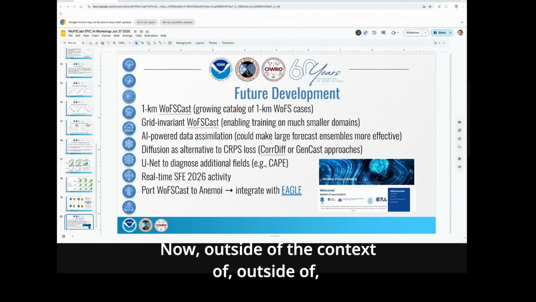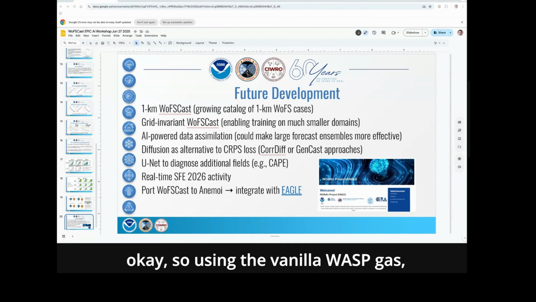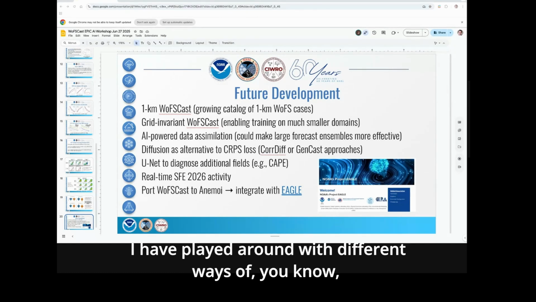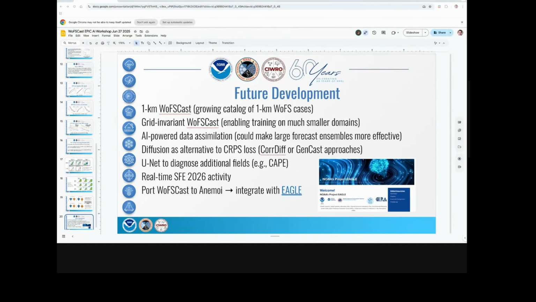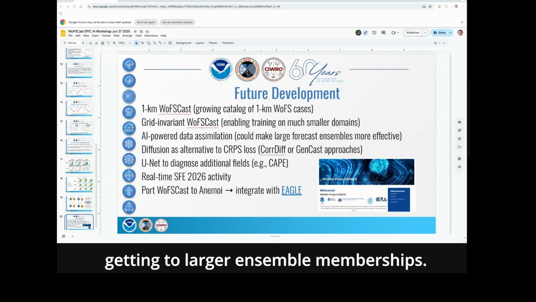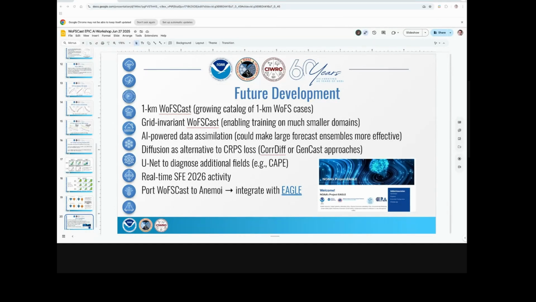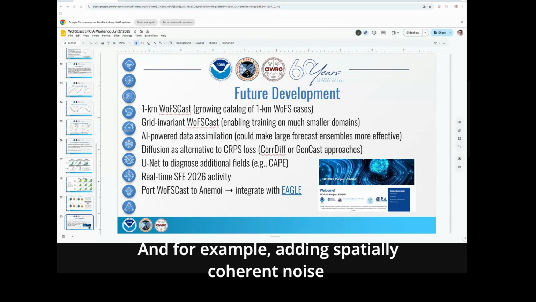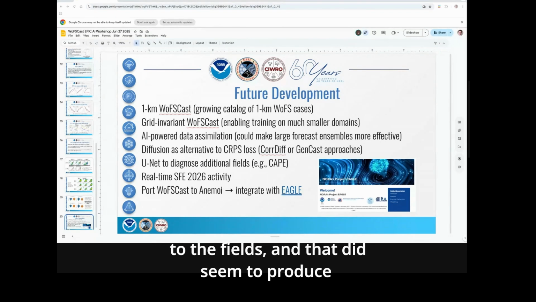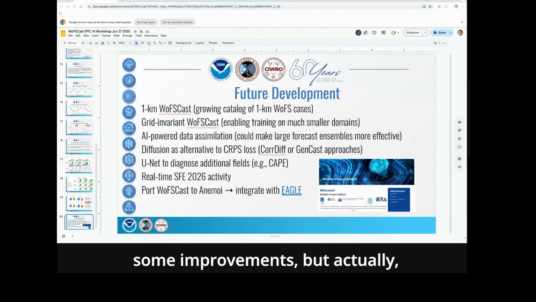Now, outside of the context of CRPS loss or diffusion, using the vanilla WoFSCast, I have played around with different ways of getting to larger ensemble memberships. For example, adding spatially coherent noise to the fields, and that did seem to produce some improvements.